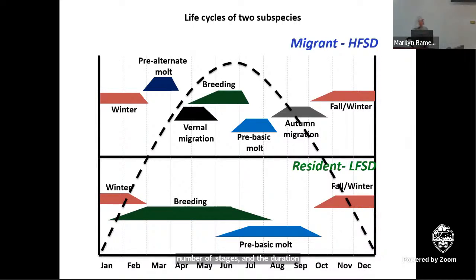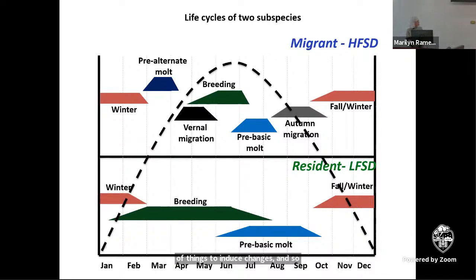The question is, how do you get a migrant from its wintering stage into these very complex stages of vernal spring migration, breeding, etc.? And one thing about the Zonotrichia, or most of the Zonotrichia, is that they're highly photoperiodic. That is, they rely on photoperiod, particularly on the spring side of things, to induce changes.